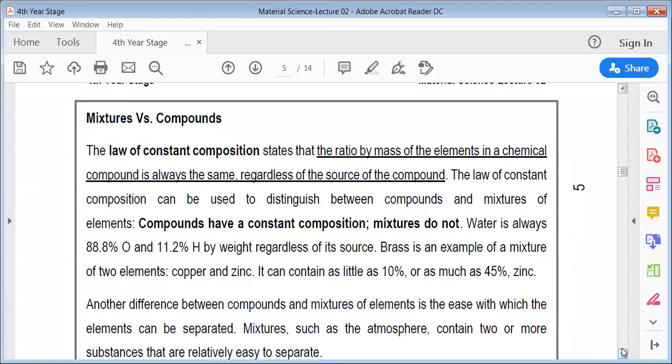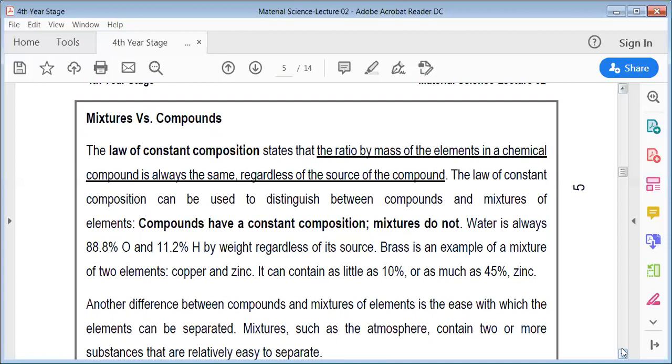Now, what about mixtures and compounds? The law of constant composition states that the ratio by mass of the elements in a chemical compound is always the same. If you take any molecule of water, it has the same ratio of hydrogen to oxygen, constant, no change, regardless of the source of the water.